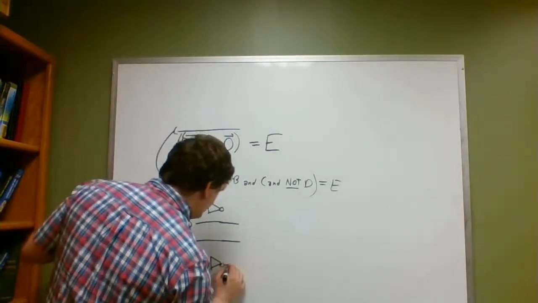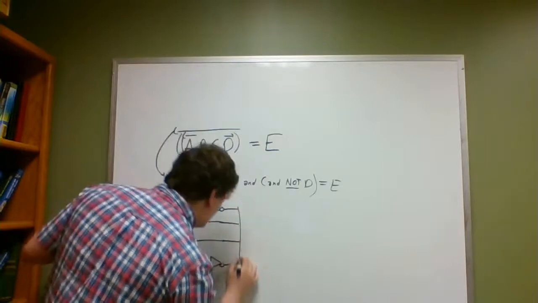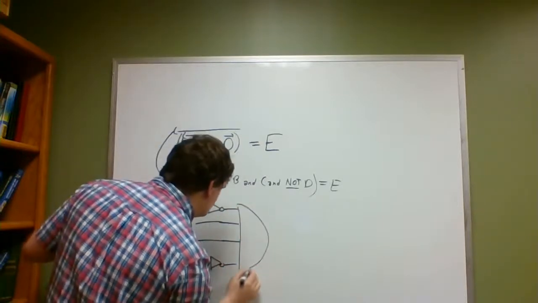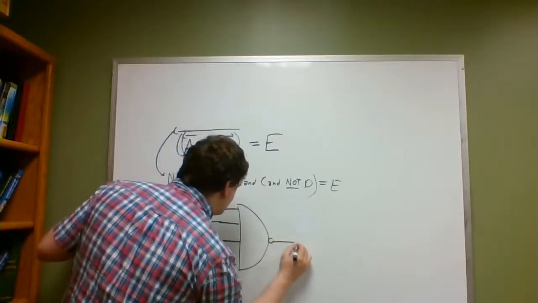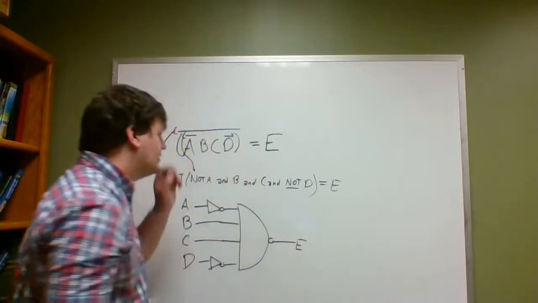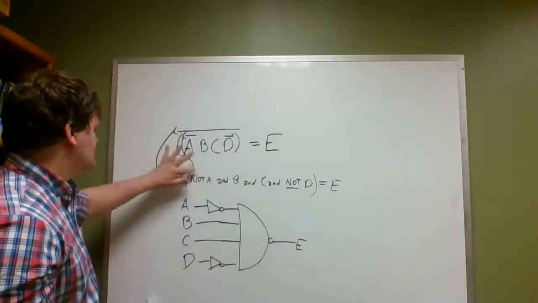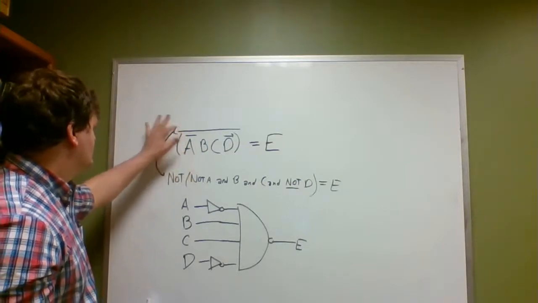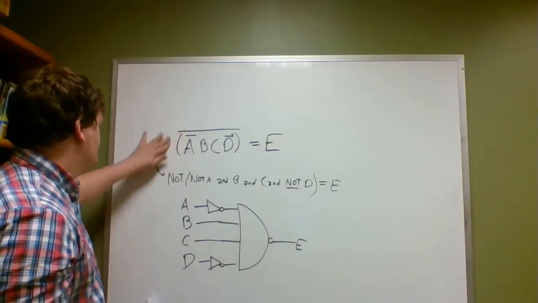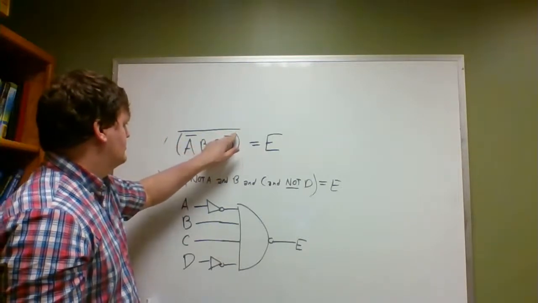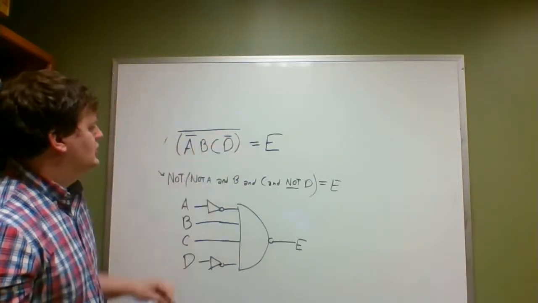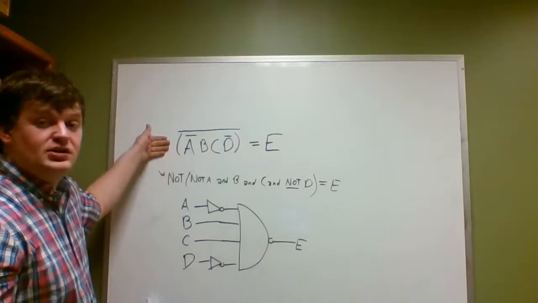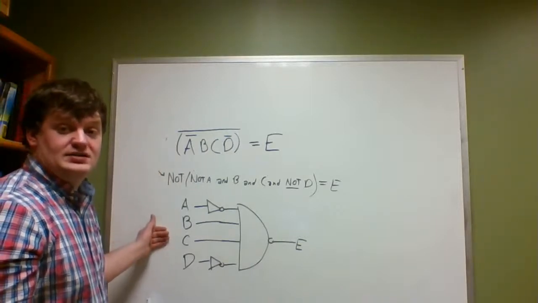Okay, and we'll take all four of these and we will put it into a NAND gate, and there's E. So the way that we represent this function, clean it up a little bit, start drawing lines all over it. The way that we represent this function is using this gate.